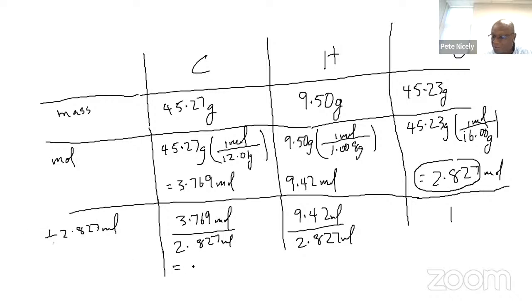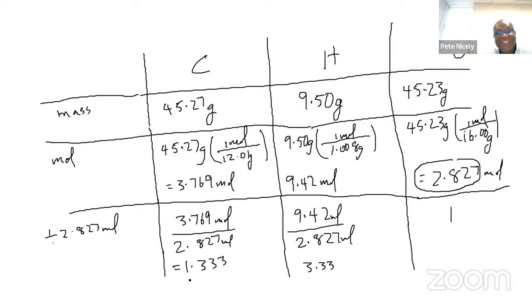Okay, so now this is interesting because in this case, you're going to get 1.333. And then if I do the same thing for 9.42 divided by 2.827, you're going to get 3.33 here. Okay, so that's what we get at this stage.